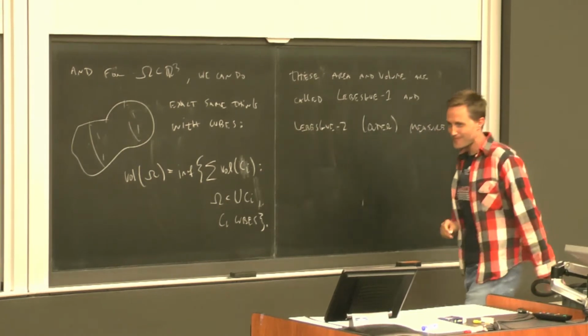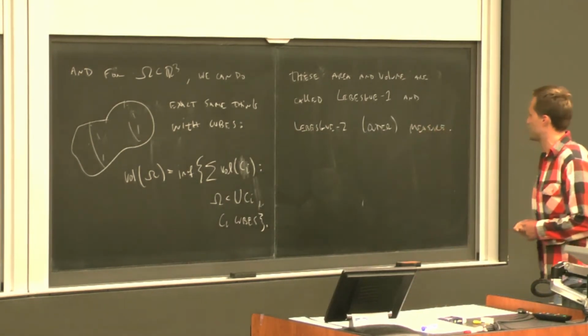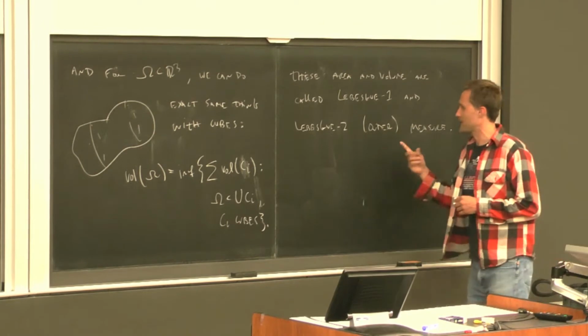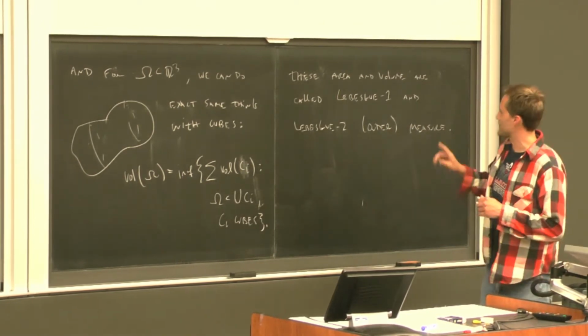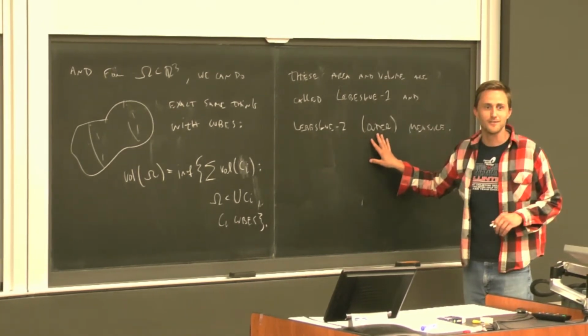Some people get kind of uptight about what you call a measure and what you call an outer measure. So you can guess why these are called outer measures, right?